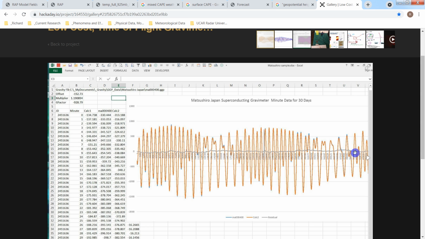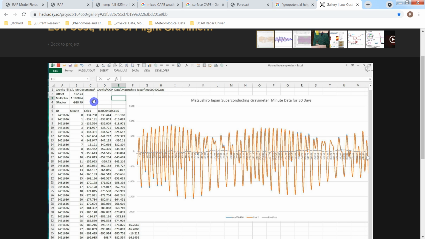Now, yes, there are some quibbles, and you might want to do it daily, or even hourly. I did all of those. But for a lot of stuff, you can say I'm going to work on a weekly basis, or do an annual thing. It doesn't matter as long as it's agreed on. You can have everyone make it a different product. But here's an offset and a multiplier.